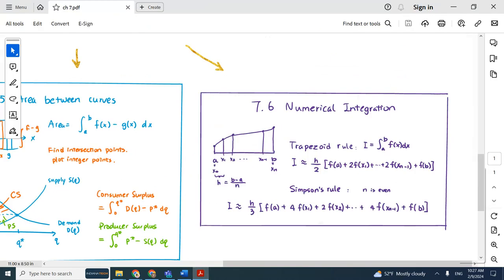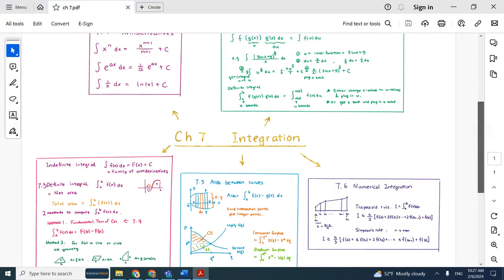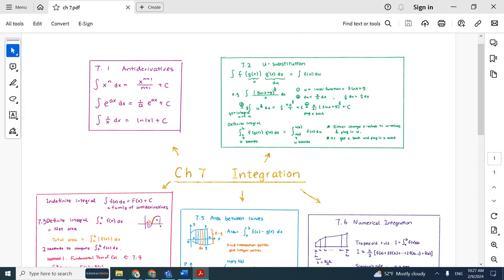Okay, let's review chapter 7 again. But we're only going to have one of these on the test. I don't have more than one, at most 2. So let's review that, and then we look at the practice exam together. You will see what type of problems are going to be on it.